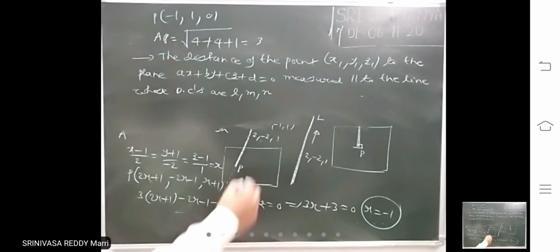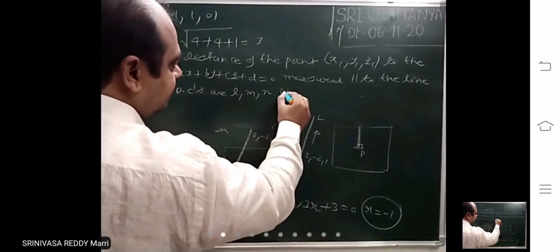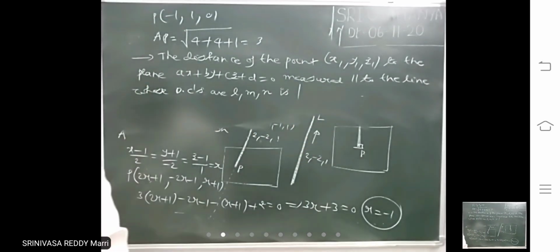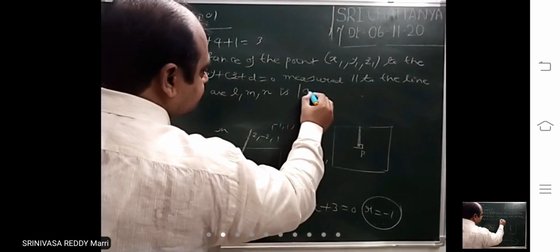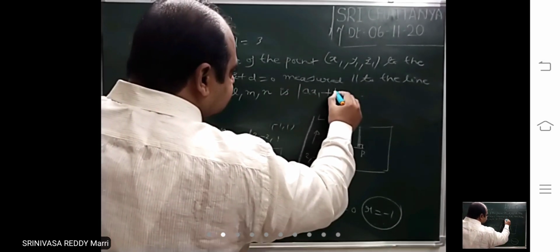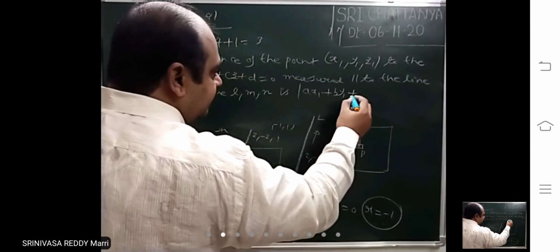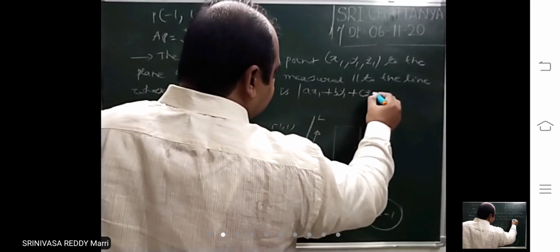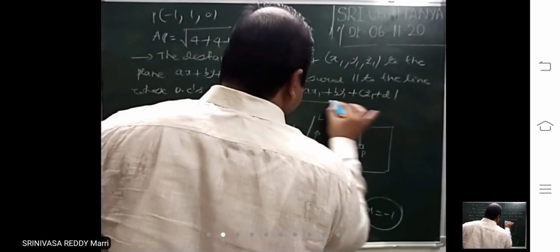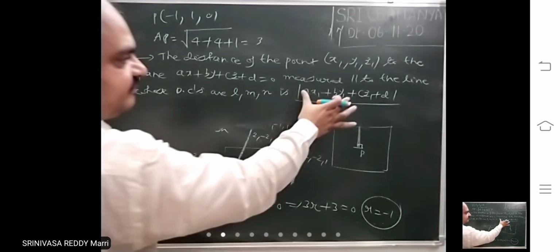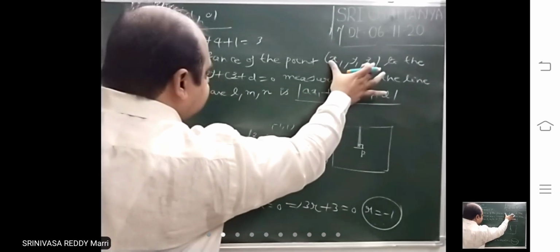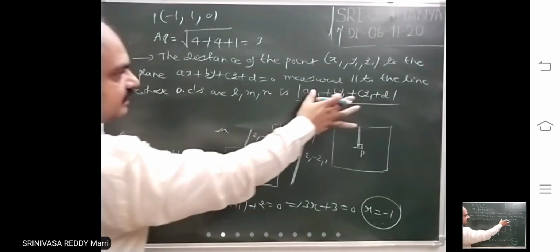L, M, N. Write the formula: modulus of Ax1 plus By1 plus Cz1 plus D. Just this value you will get if you substitute this point in this plane, right?